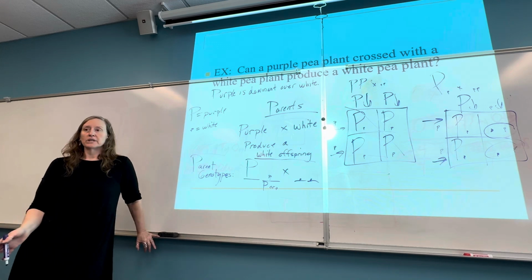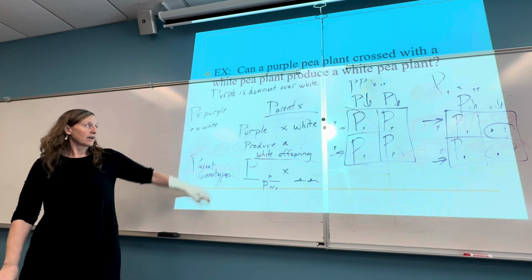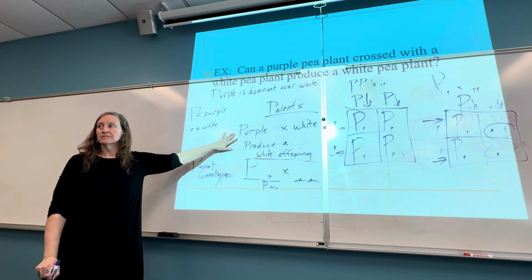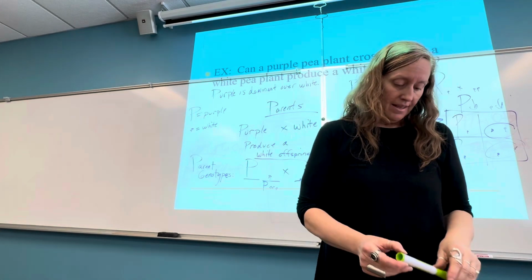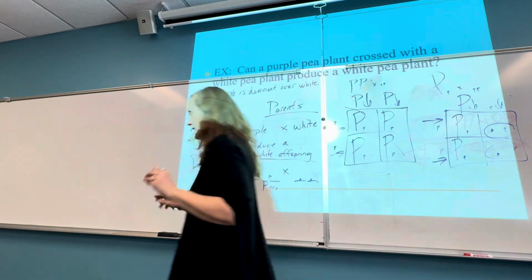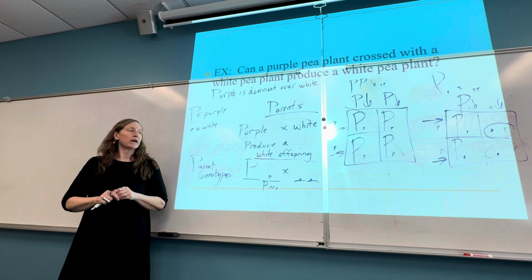The other way that you can do this is think about, okay, so we have a purple parent. This is using less data in this way, but using our data in a different way.